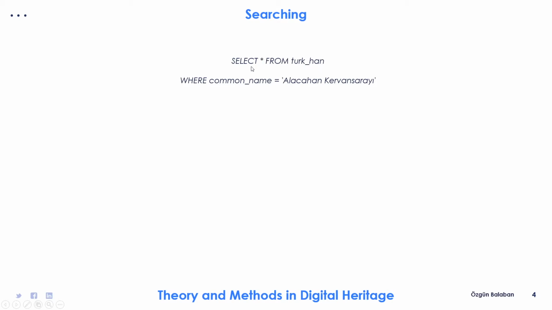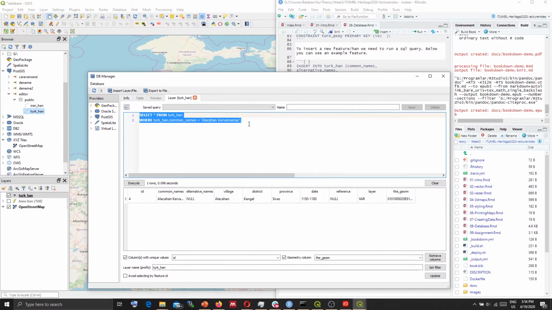So this means find me all the entries from this table where common name is equal to Alacan Kervansaray. Okay, let's try this. And run this. And this one comes with the ID 4. So now I know that I want to change this feature with the ID 4.